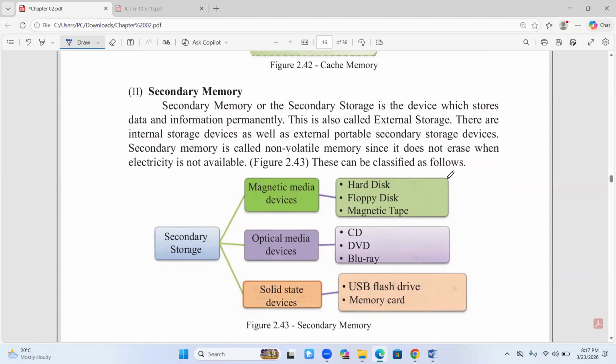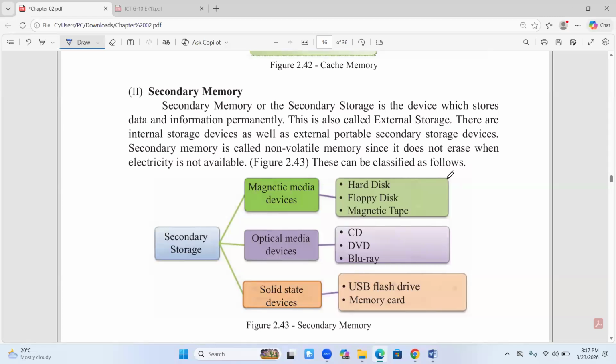That means you can store data, information, programs, and other things for a long time. Because of that, it is called permanent memory. So all the secondary devices are permanent memory. Permanent memory means non-volatile memory. It's clear, no?